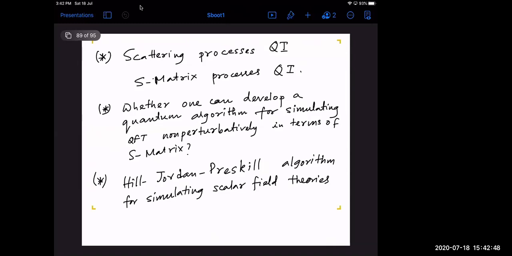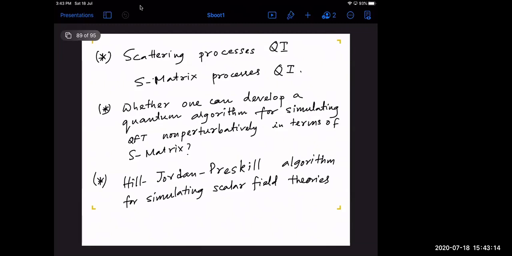In particular, the key point of their algorithm is that they use a Lagrangian. But the question is, do you have to have a Lagrangian for simulating a quantum field theory on a quantum computer?